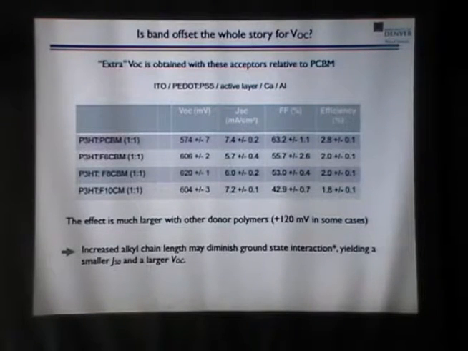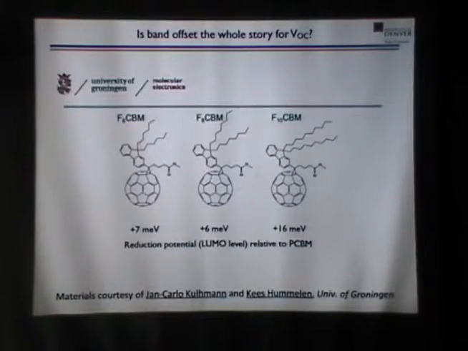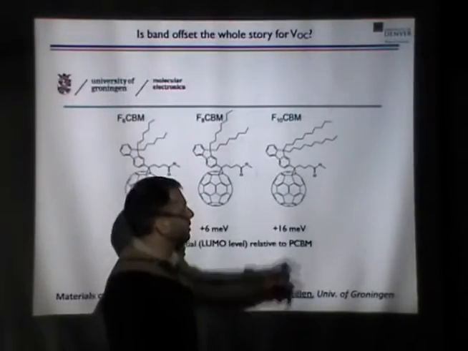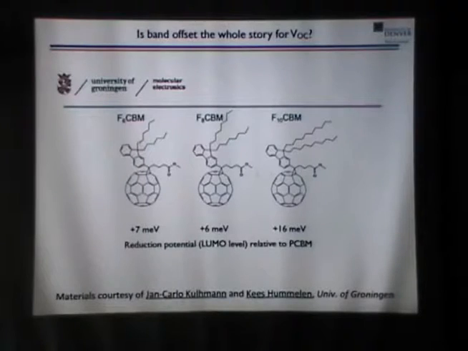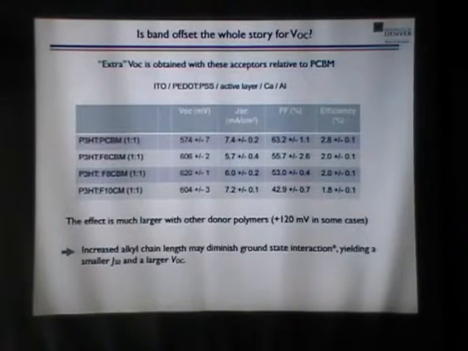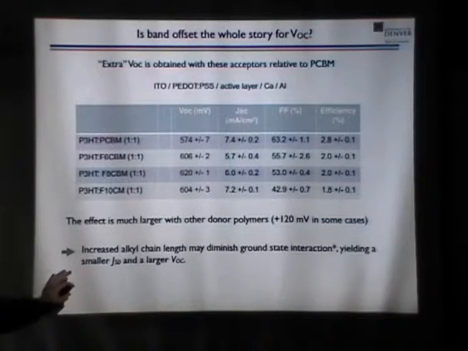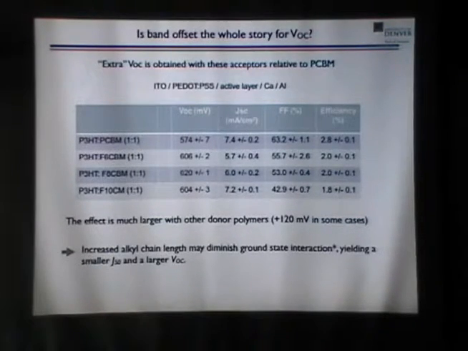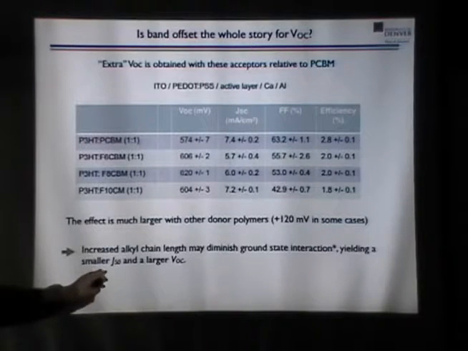Well, one thing that's happening is as you increase the length of the side chain, let me go back here, you're limiting the interaction between the donor and acceptor, physically pushing them further apart. So this has consequences for the current in the device. In particular, it can reduce the current in the dark.